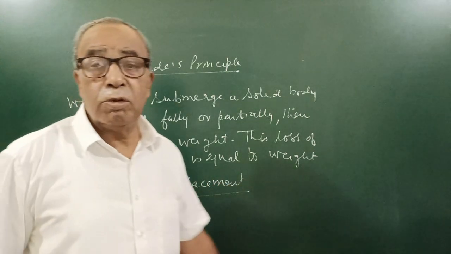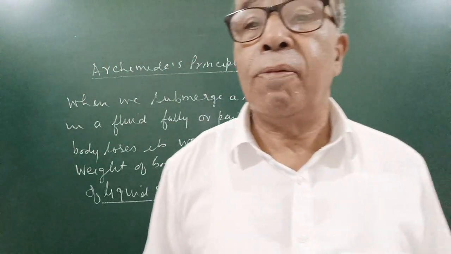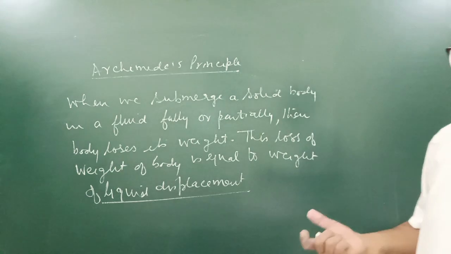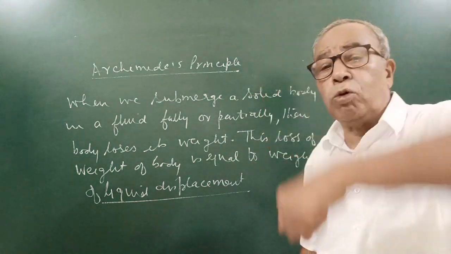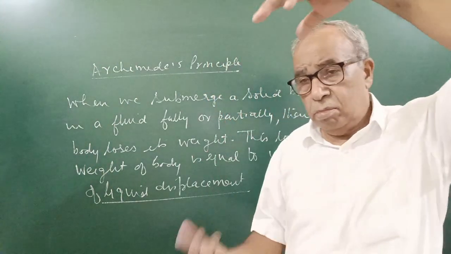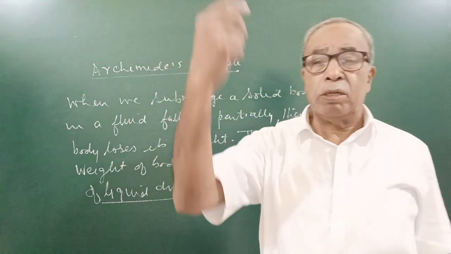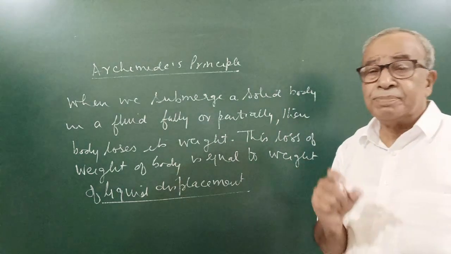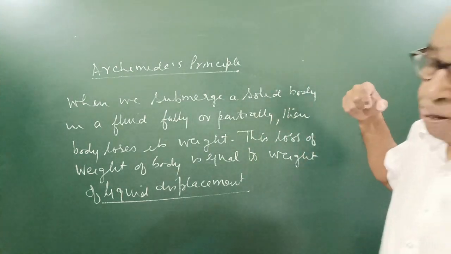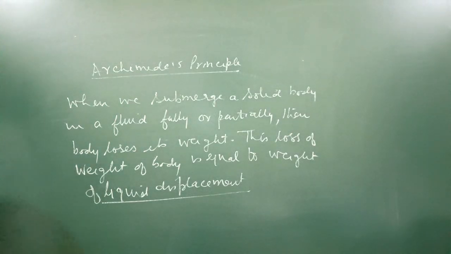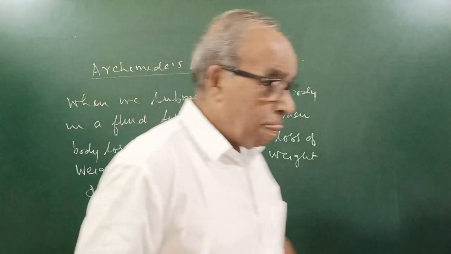Archimedes principle. You know very well that when we submerge any solid body in a fluid like air or water, if you take a balloon that goes up in air, because air applies upward thrust. And upward thrust, listen to me carefully, is because of change in momentum of molecules when they collide, because of random motion of molecules.